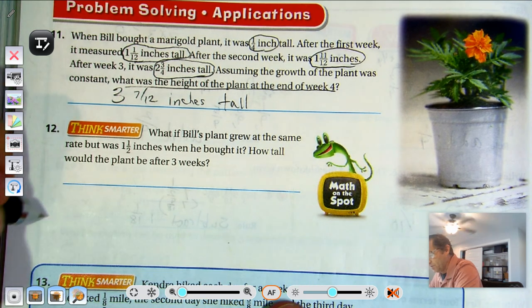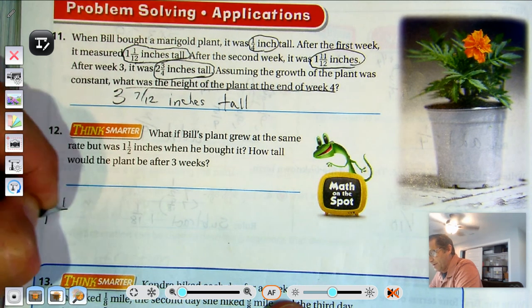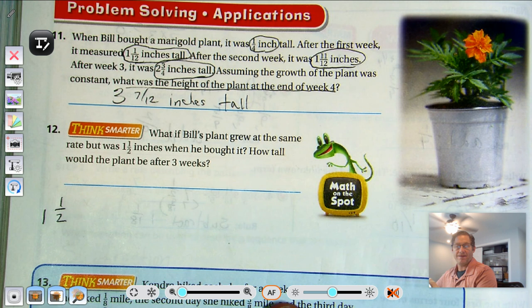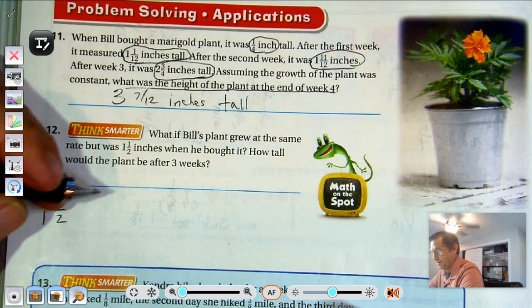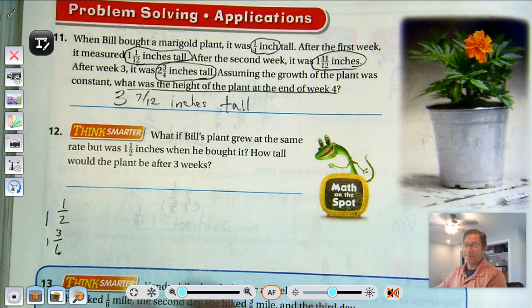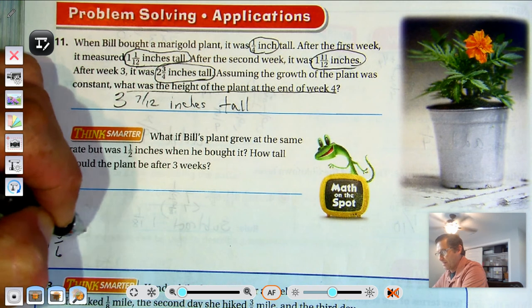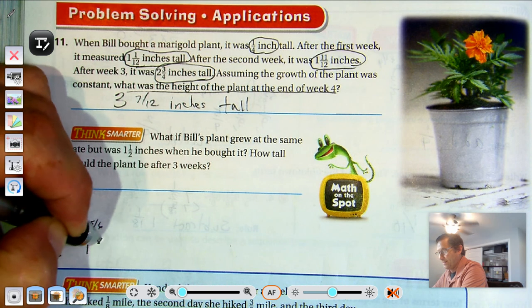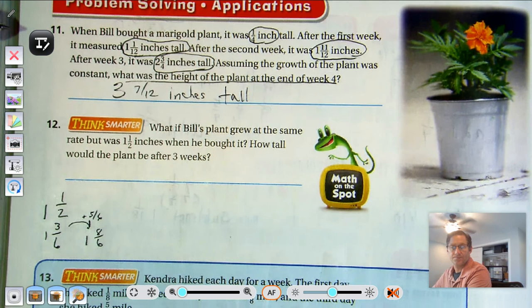Well, all right, so he's buying the plant and it starts at 1.5. It's going to grow the same 5/6 of an inch. So 1.5 is the same as 1 3/6, plus 5/6 is 1 8/6.